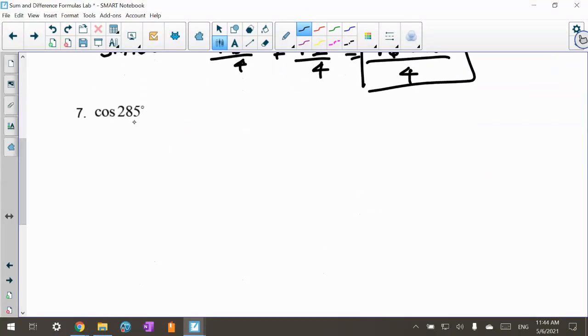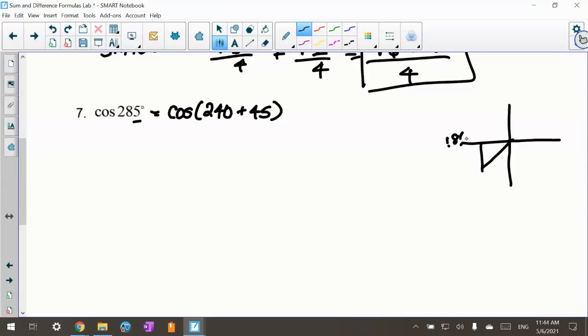Cosine 285 ends in a 5. So I decided to use the cosine of 240 plus 45. You can use a lot of things. I picked those, okay? So I actually drew over here because 240 is not on my table, and 240 is over here in quadrant 3 because this is 180. 240 here is 60 degrees away.